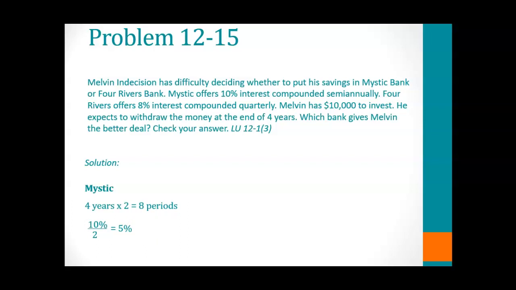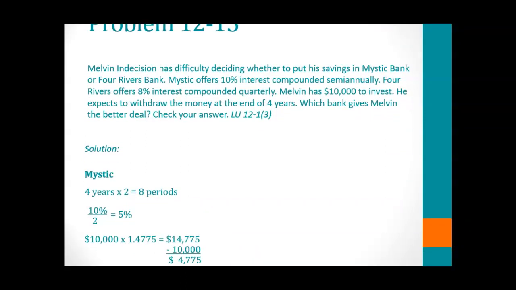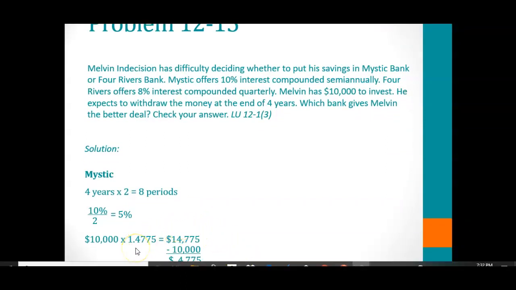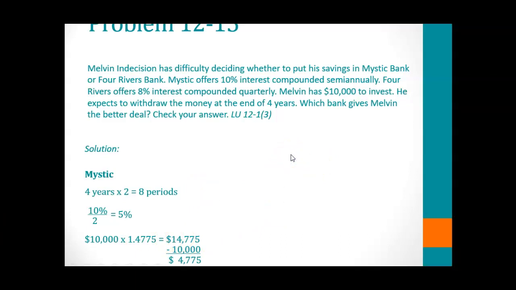So using your future value table, you'll look up N equals 8, I equals 5 in order to get your future value factor, which is going to be 1.4775. We'll take that times $10,000. Mel will get a total of $14,775.